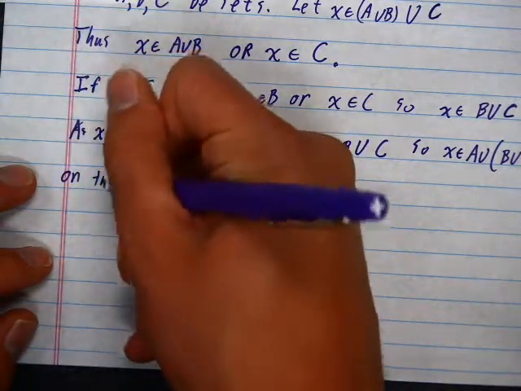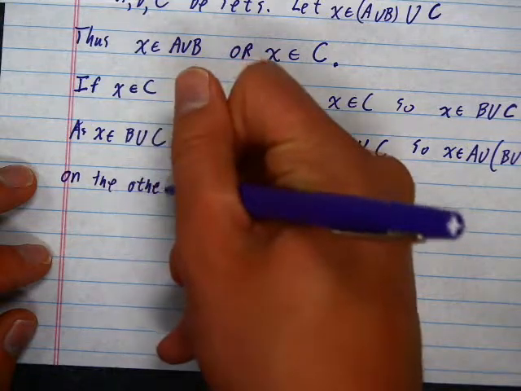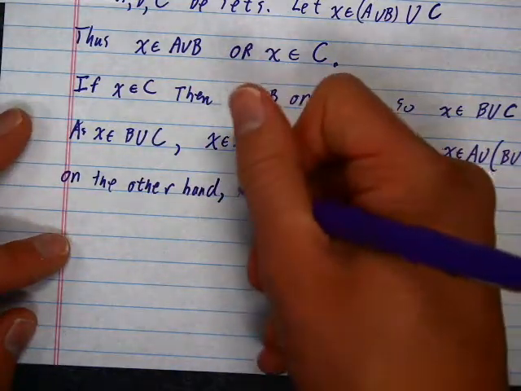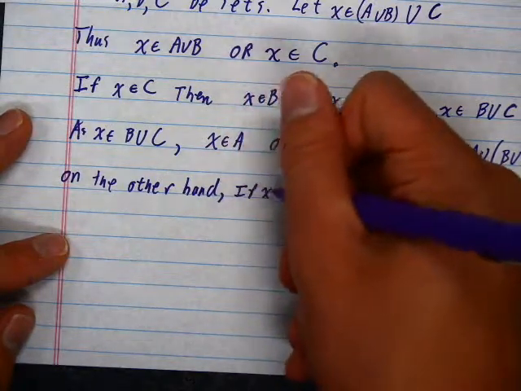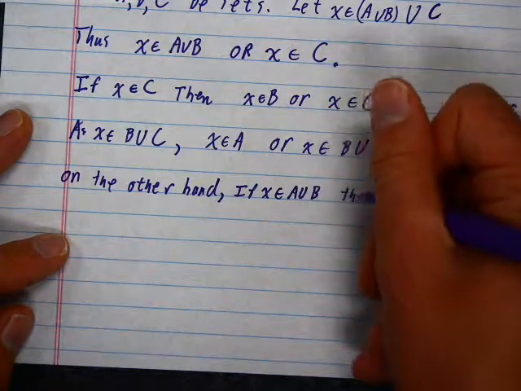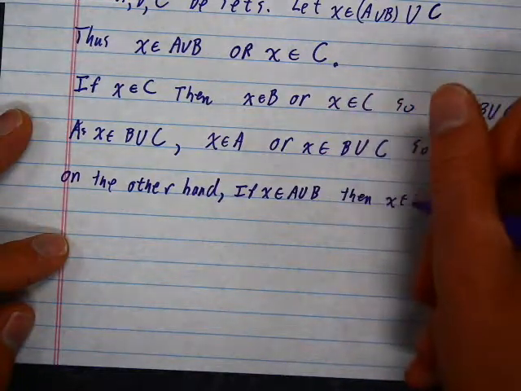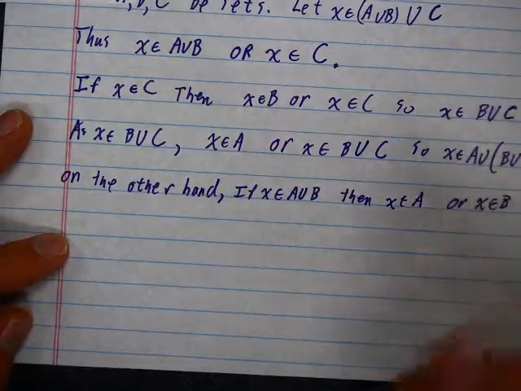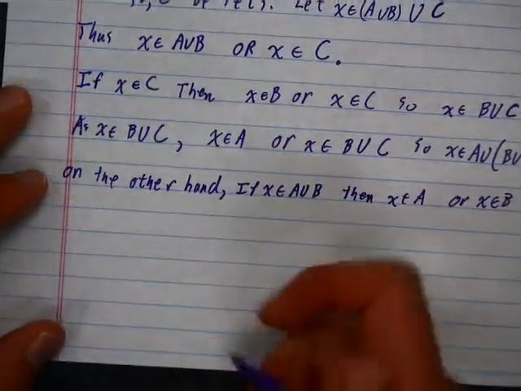On the other foot, or hand as it were, if x is in A union B, then x is in A or x is in B. And it looks like, again, we see two cases.